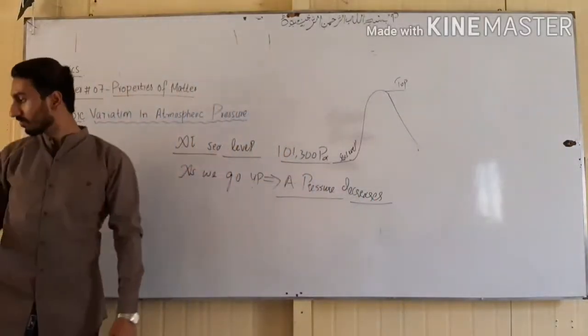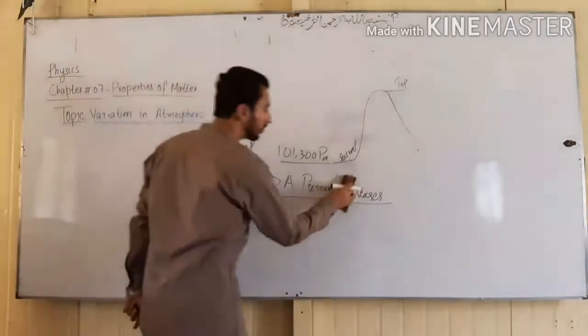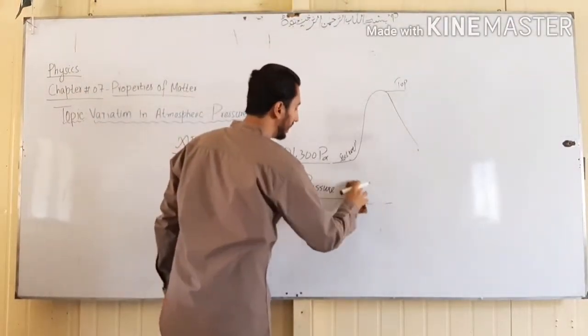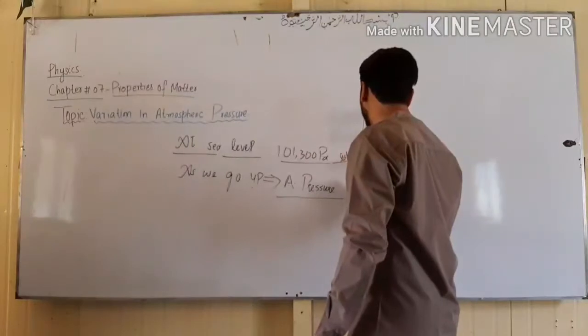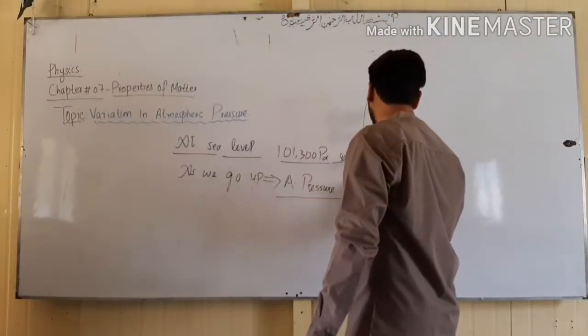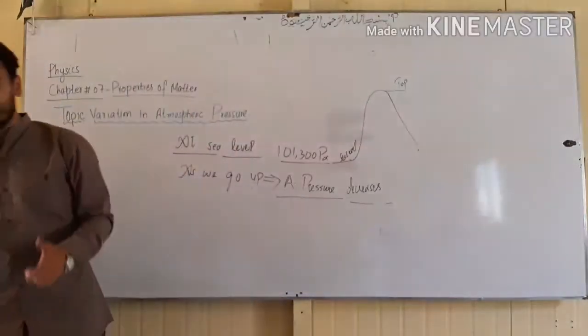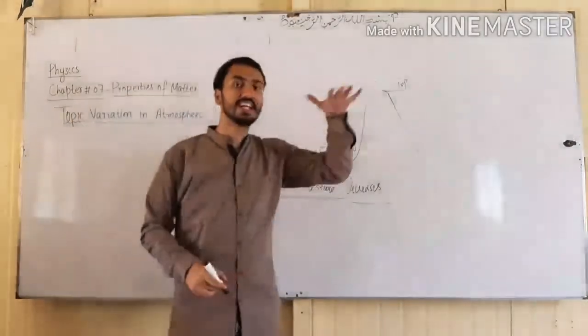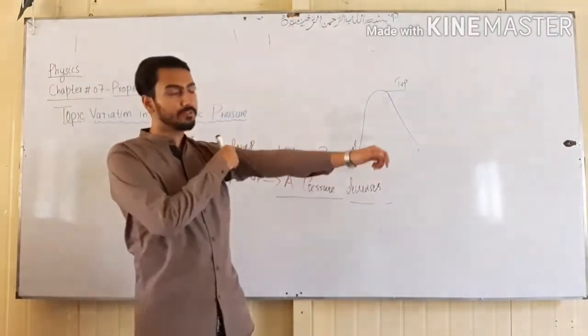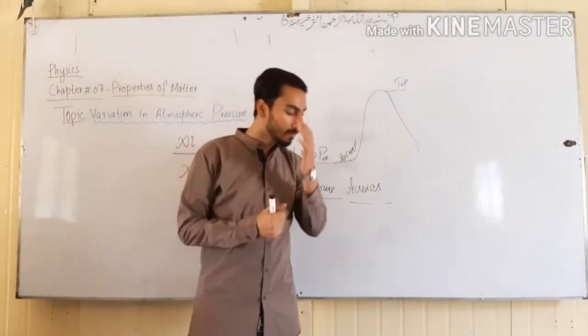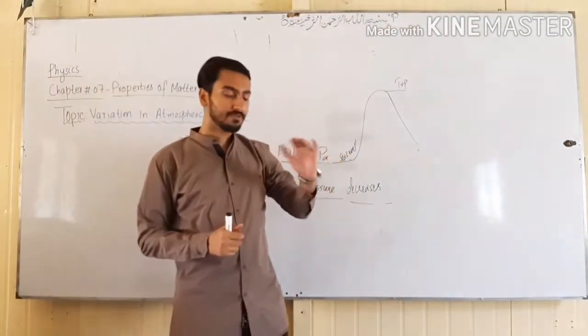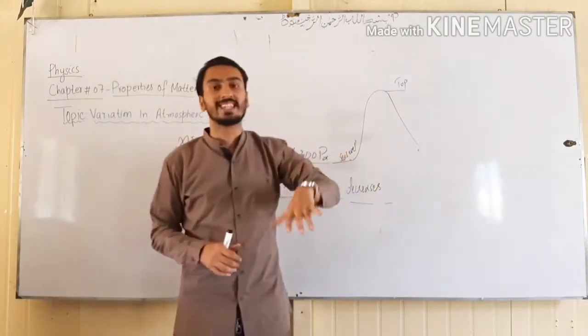Now, what is the figure according to which atmospheric pressure decreases? Students, at the height of every 30 kilometer, the atmospheric pressure of mercury becomes 7 millimeter.